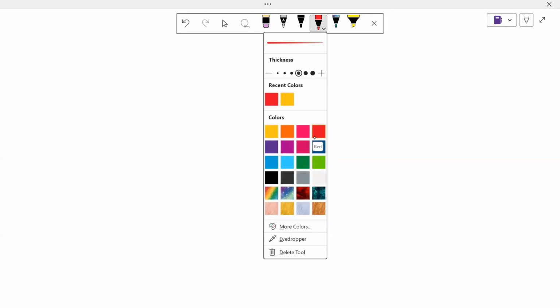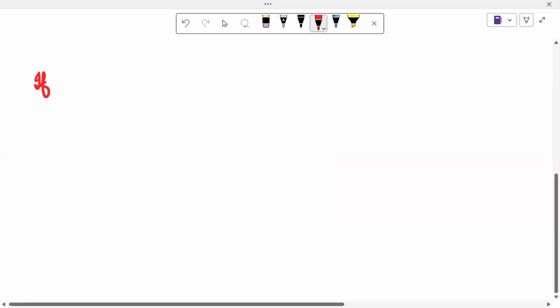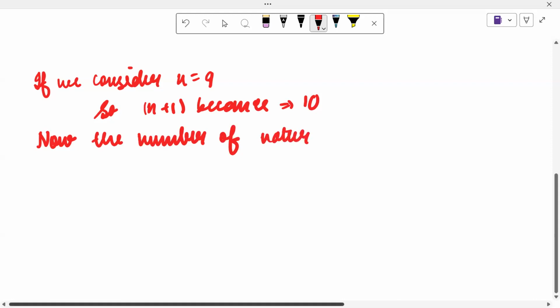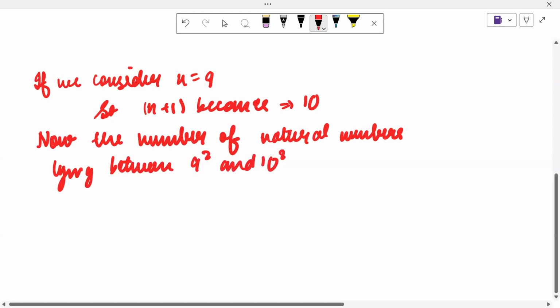See, I'm going to teach you how to write the steps. So just write down the first statement. If we consider n is equal to 9, so n plus 1 becomes 10. Now write down the third statement. Now the number of natural numbers lying between 9 square and 10 square becomes, what is the formula?